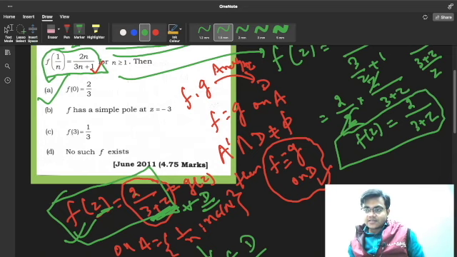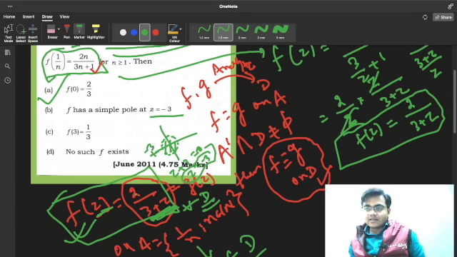If 3 plus z is given, you put z plus 3 equal to 0, so z is equal to minus 3. But it is said that z equal to minus 3 is a pole. Actually this is not a singularity for the given function, because the domain of the given function is the open unit disk and the point z equal to minus 3 is outside the domain.